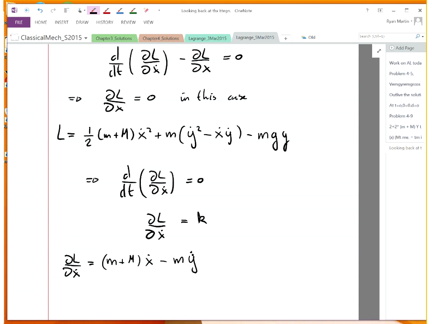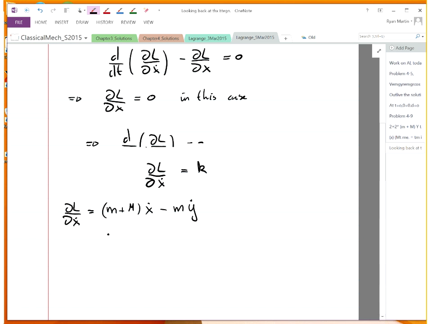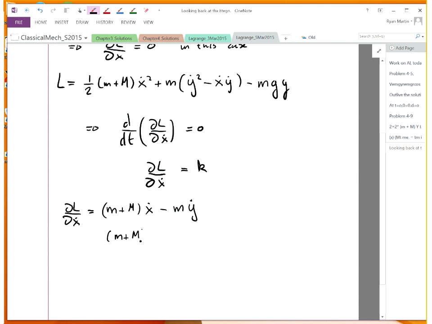So this thing here equals a constant. What if I write it and I separate out the masses?